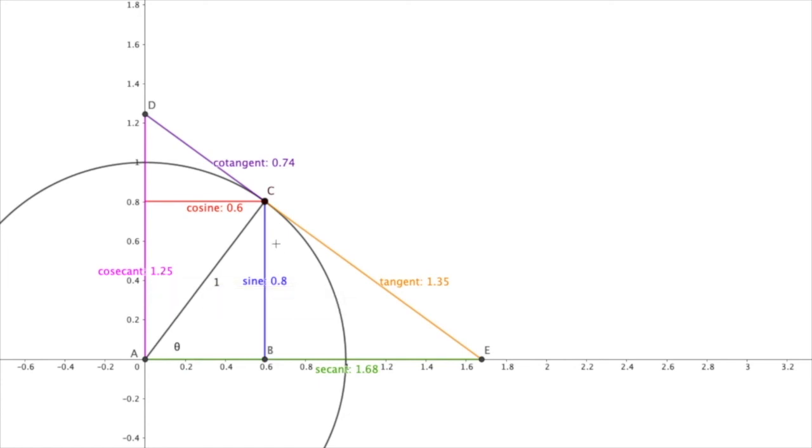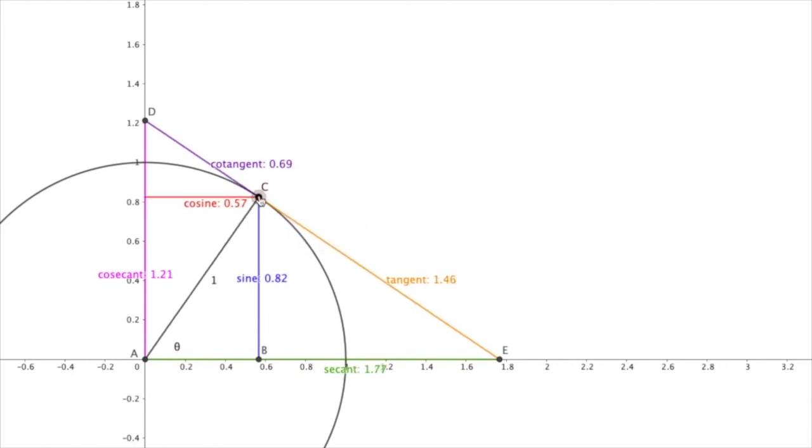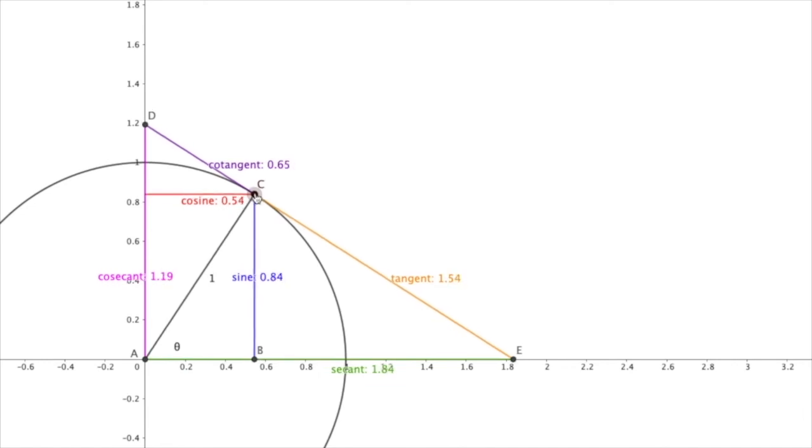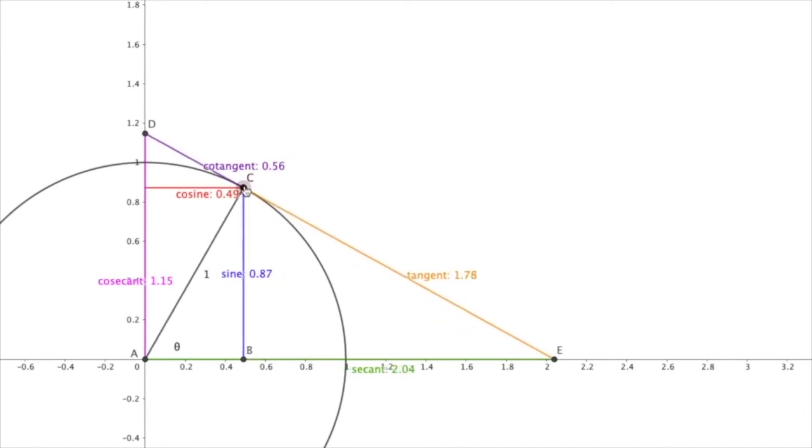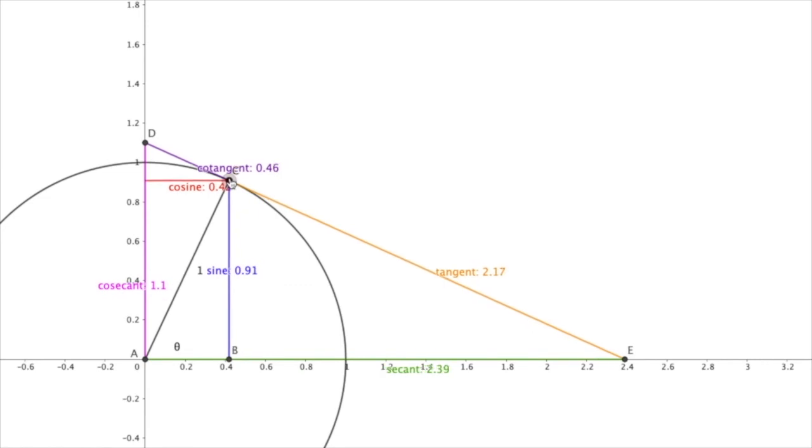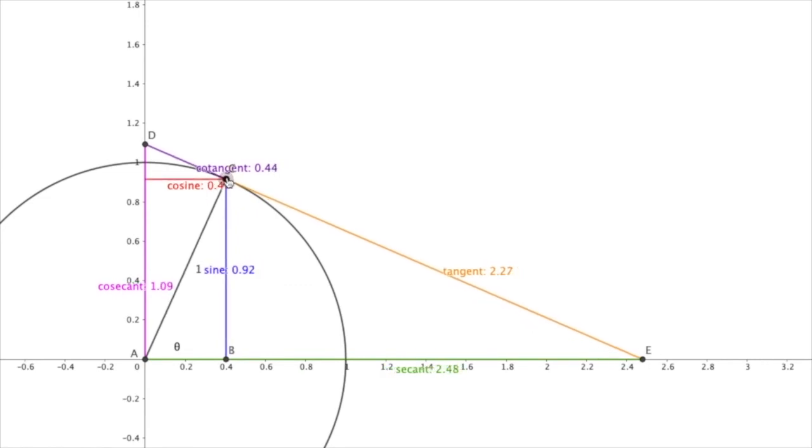For the cosine, we could take that down to, let's say 0.4. Oops. And then we have 0.4 and the sec being 2.5, and 2.5 times 0.4 is indeed 1 as well.